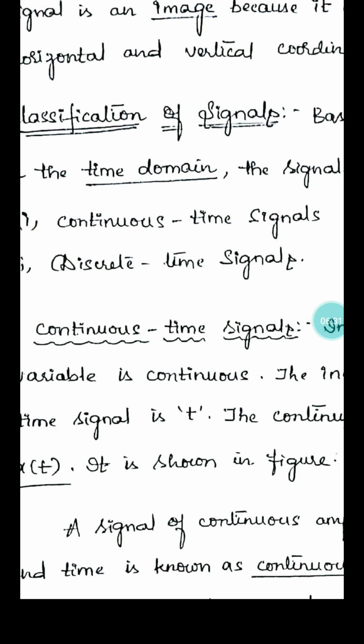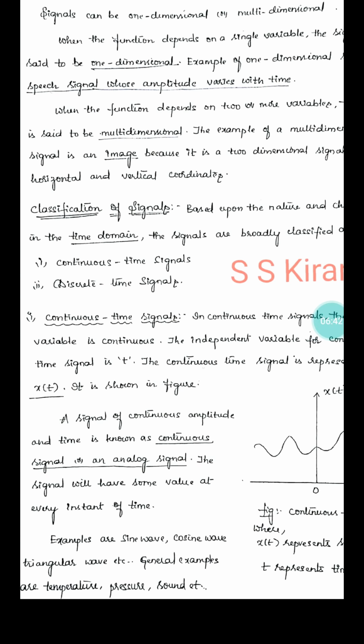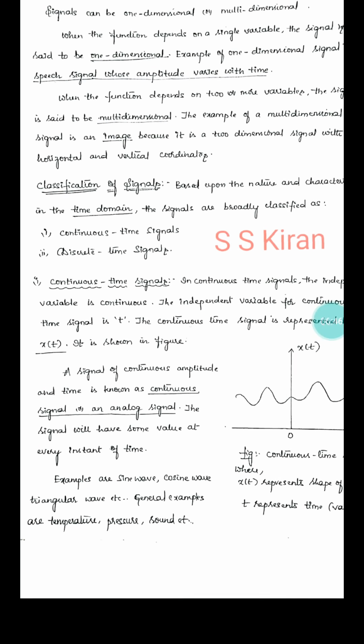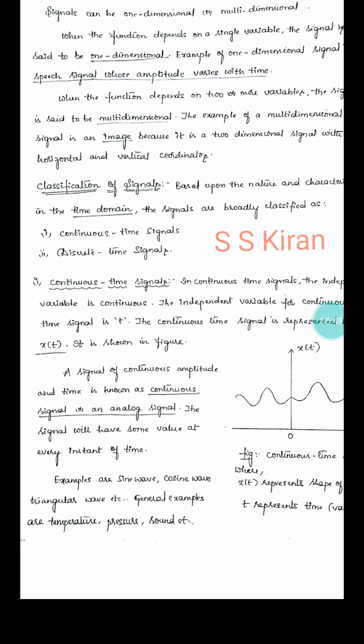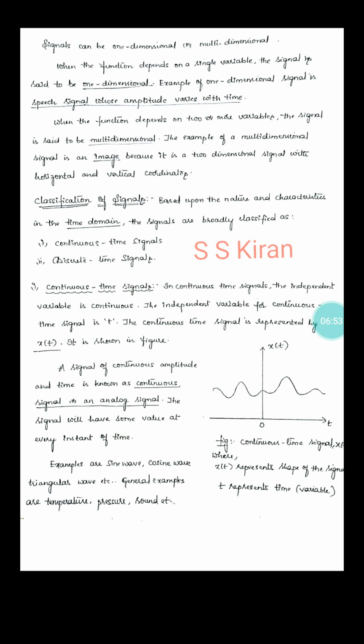In short form, continuous time signals are also called CTS, and discrete time signals are also called DTS. Now you can concentrate on the definition, which is very important. In continuous time signals, the independent variable is continuous. In discrete, the independent variable is discrete.